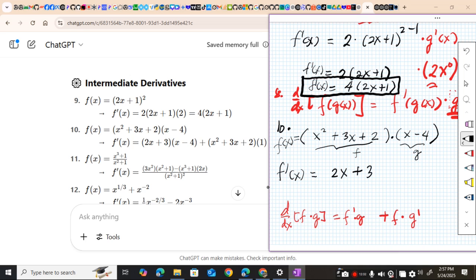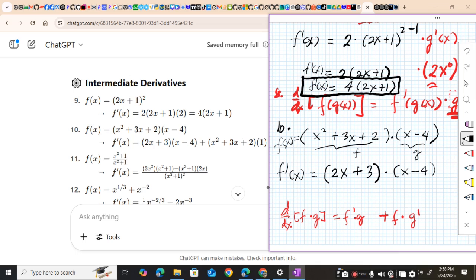So 3 multiplied by 1. The variable x you have to raise to 1 minus 1, so effectively that's x raised to 0. That's 1, so we don't need to multiply anything here. It's understood that there's a 1 there multiplied by 3. So that's just 2x plus 3 multiplied by, we copy the g, the function g, which is just x minus 4.